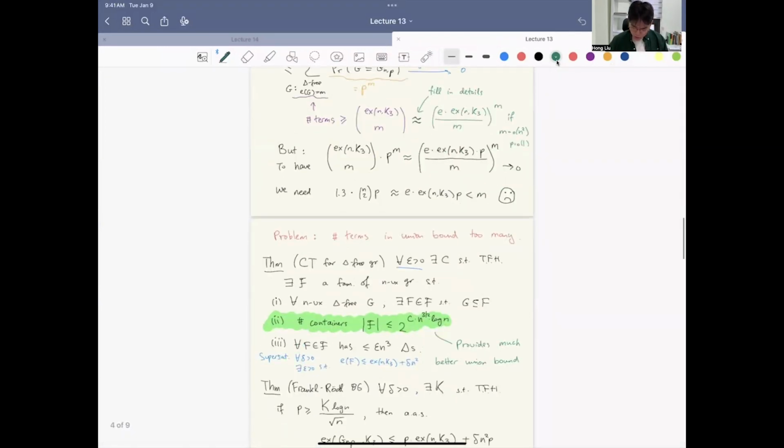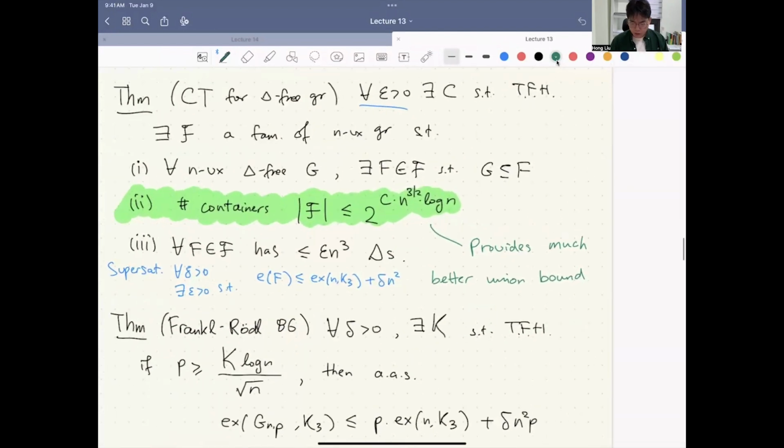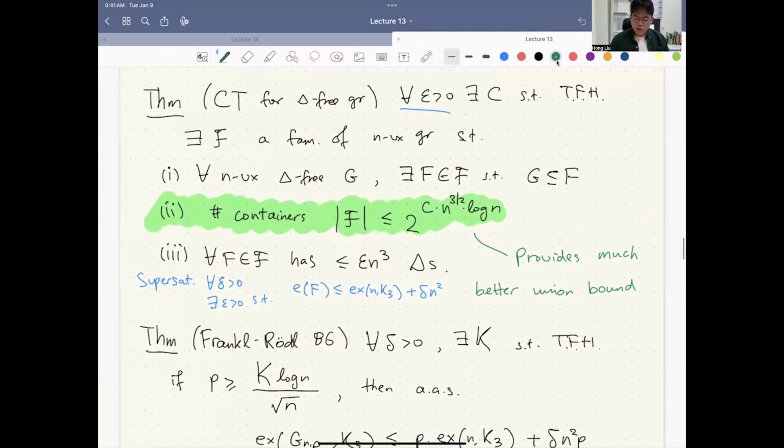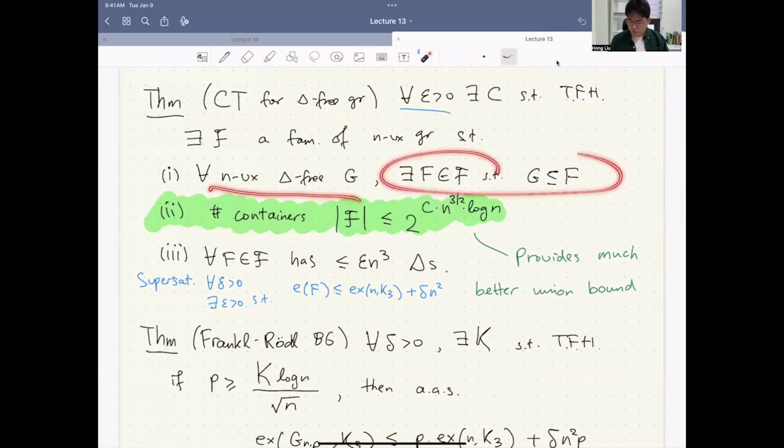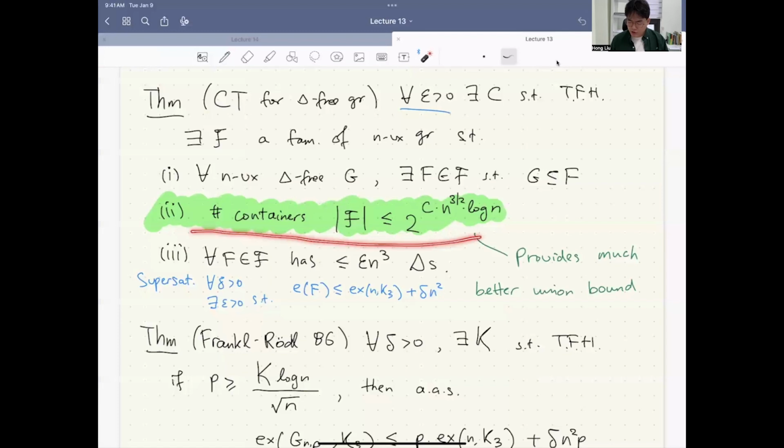We have containers for triangle-free graphs. Every triangle-free graph is a subgraph of a container, and the number of containers is 2 to the n to the 3/2, up to polylog n. And each container is almost triangle-free. So how do we get these from the general form?